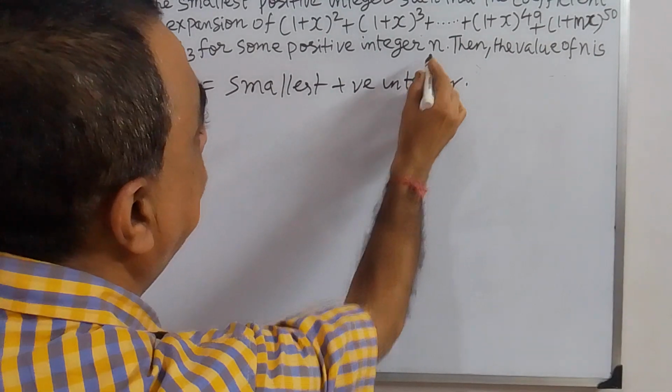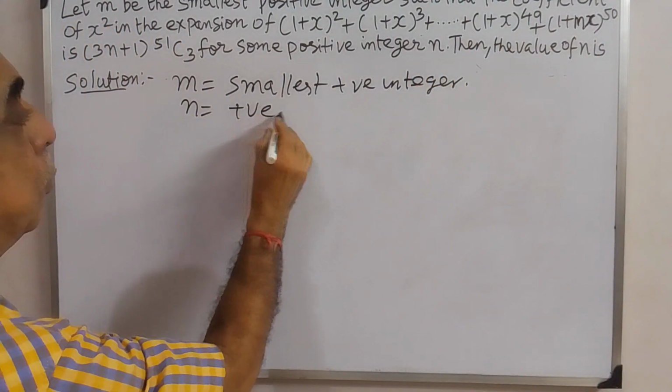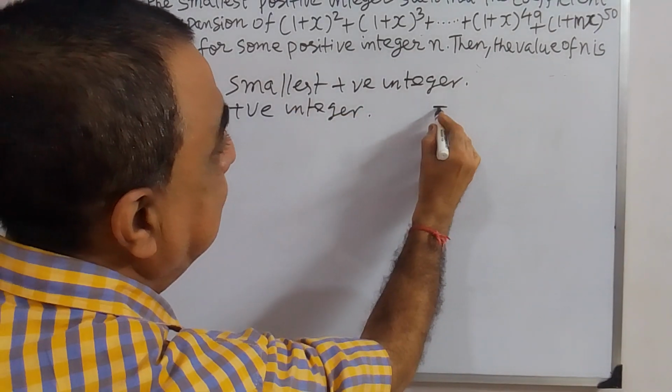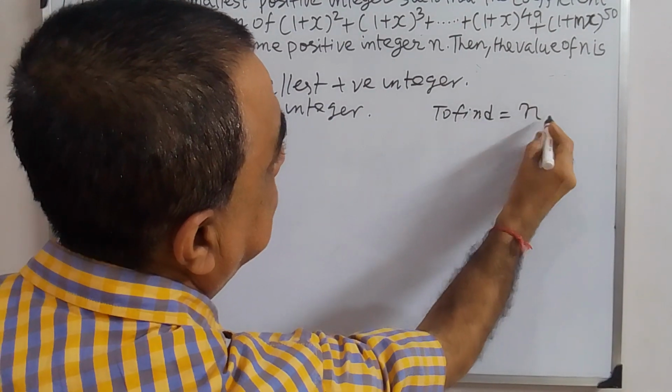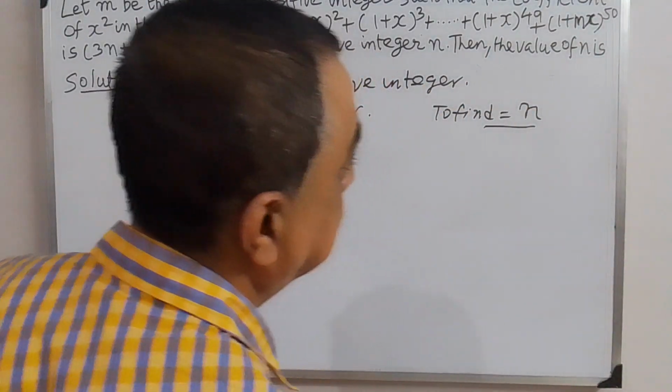It is also given that n is a positive integer, and we have to find the value of n, which will be an integer ranging from 0 to 9.